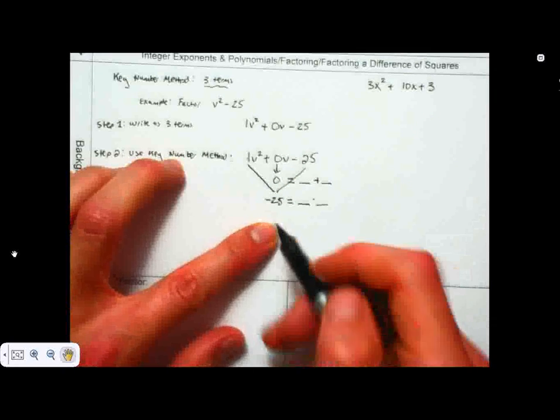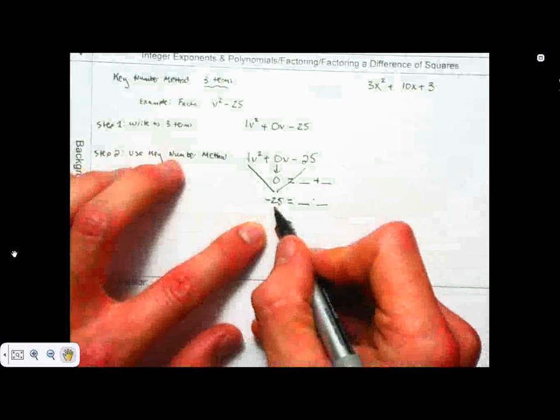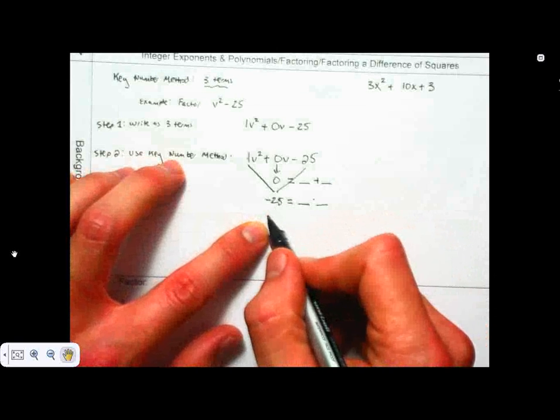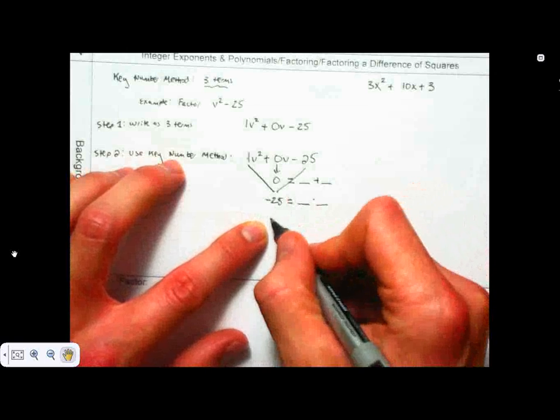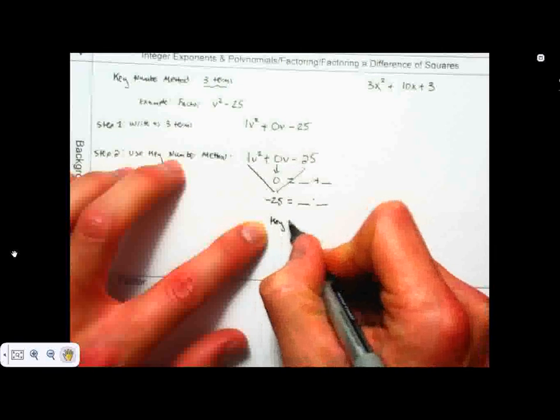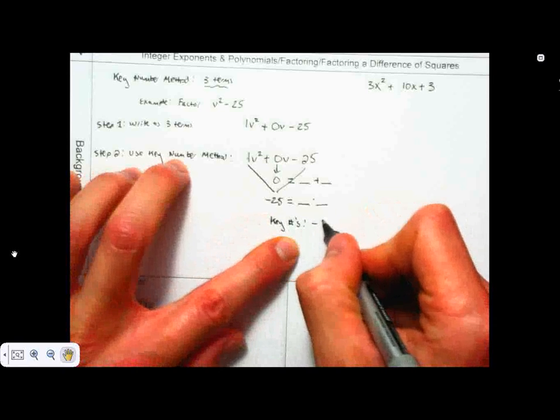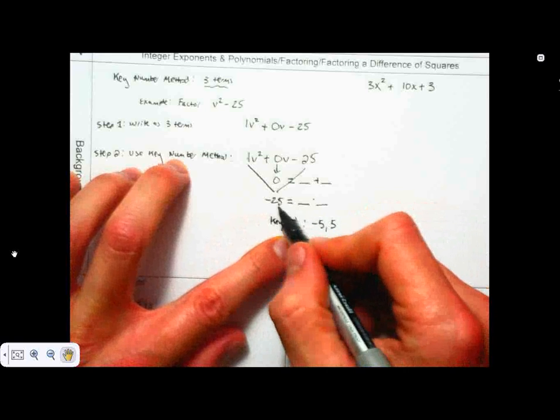Well, if numbers are going to multiply together to be negative 25, then one of them is going to have to be positive and one of them is going to have to be negative. So I think in this case, negative 5 and positive 5 are going to do the trick. If I multiply them together, I get negative 25. If I add them together, I get 0.